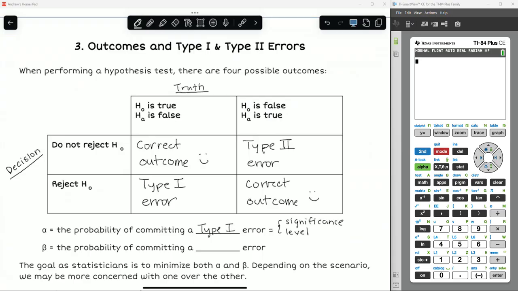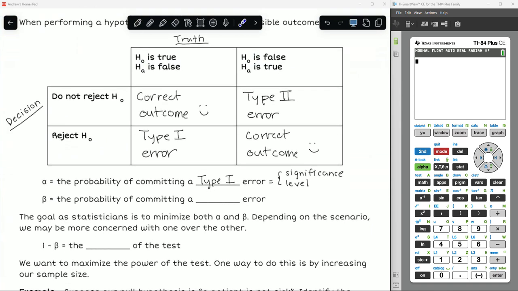And as a statistician, this is something we have direct control over. We make a decision about how big or small we want the likelihood that we're committing a type 1 error to be. And as we go into this process a little bit deeper throughout these video series, you'll see what that looks like in practice.